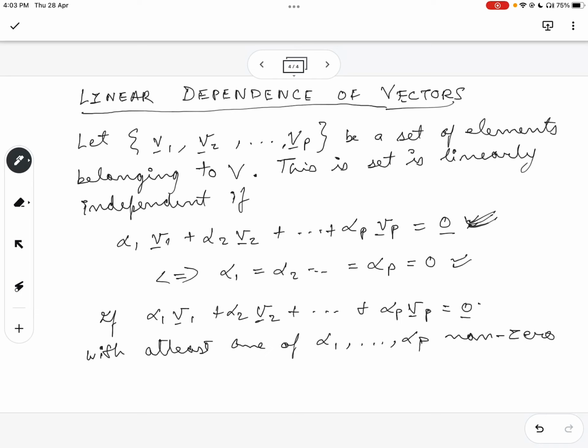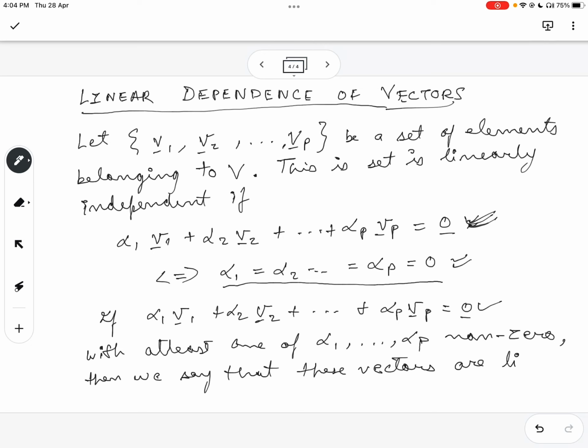Basically, this statement does not imply that all the alphas be 0. Then we say that these vectors v1 to vp are linearly dependent.